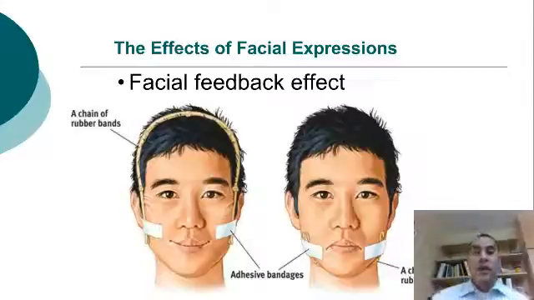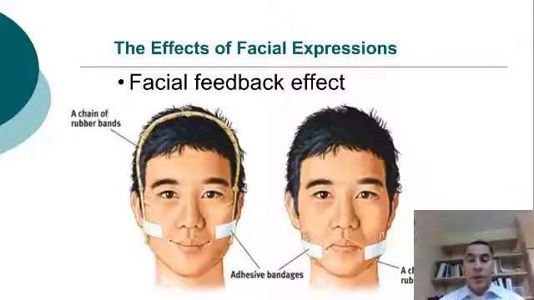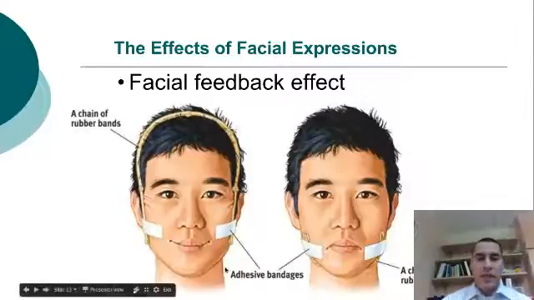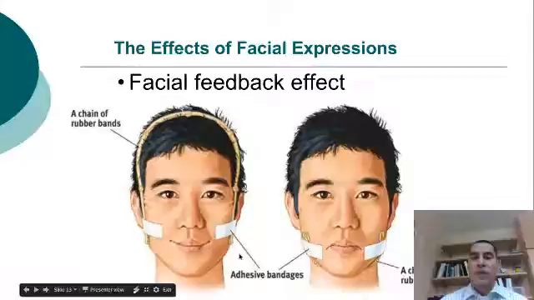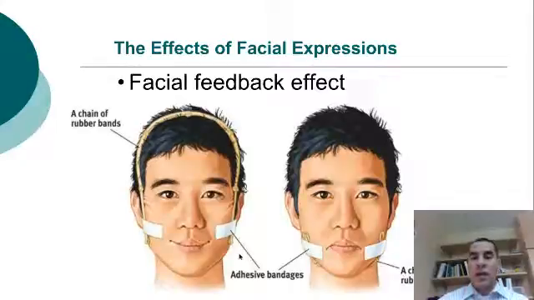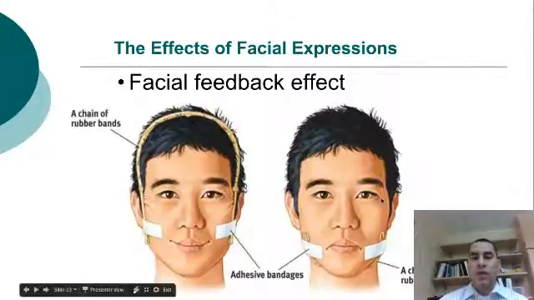Another interesting thing here covered in Module 42 is the facial feedback theory. This kind of ties into the James-Lange theory, the idea that your facial expressions in your body in particular dictate how you feel. Here they took a situation with a chain of rubber bands and some tape, and they had the individual basically do a forced smile, and then likewise here with the rubber bands under the chin, a forced kind of frown.